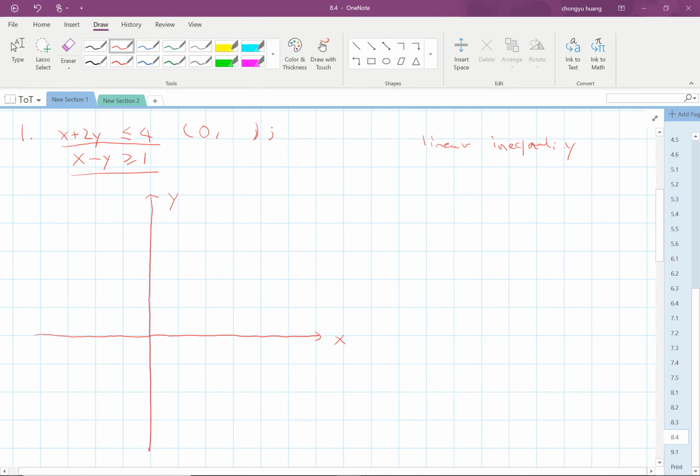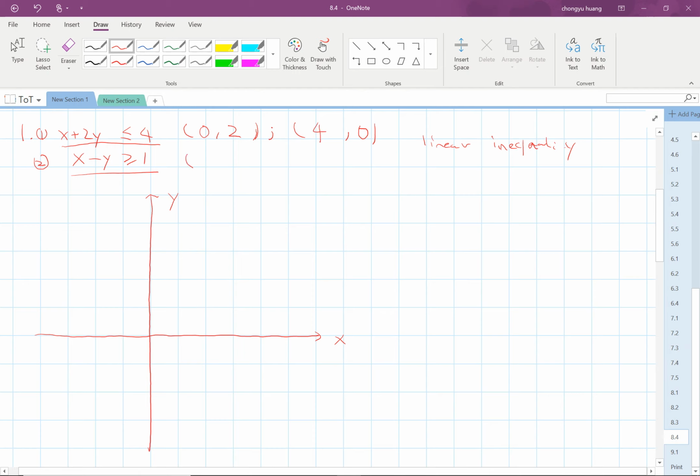In order to graph, we have to find the x-intercept and the y-intercept. For the first equation, if x equals 0, then y equals 2, and if y equals 0, then x equals 4.